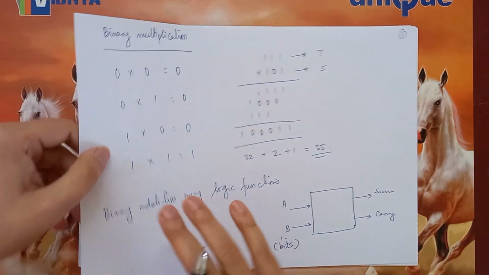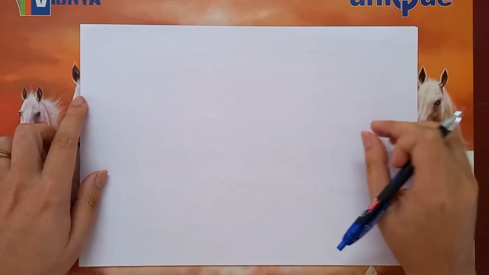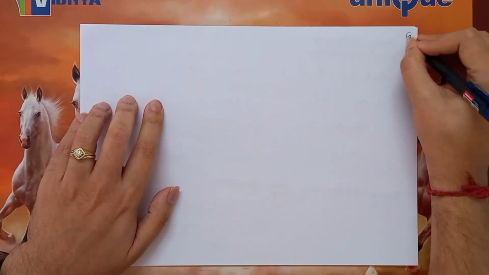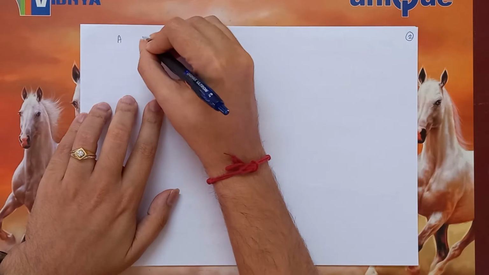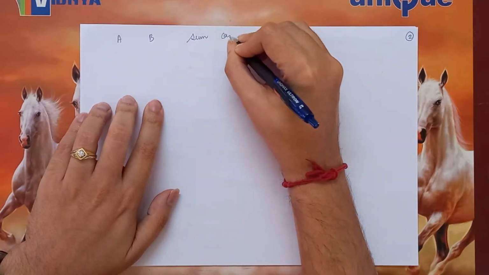So therefore, let us write the truth table as we know quite well so far. If I have two inputs A and B, I have two outputs, sum and carry.